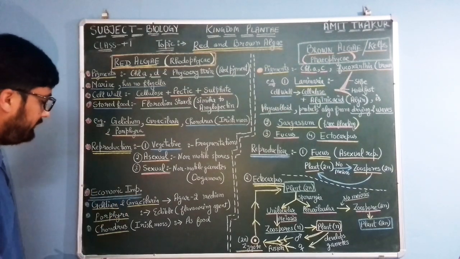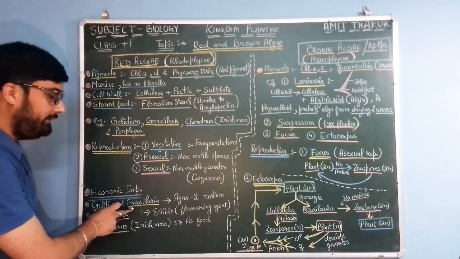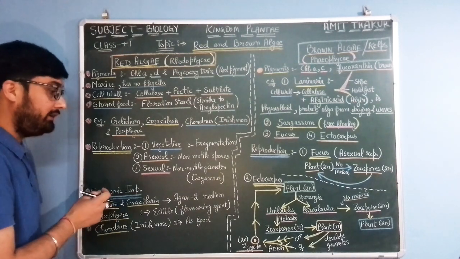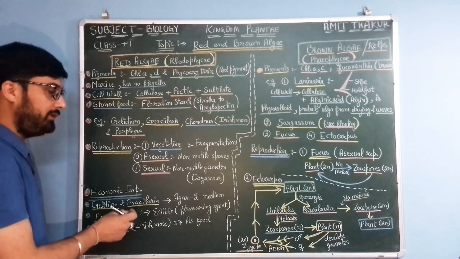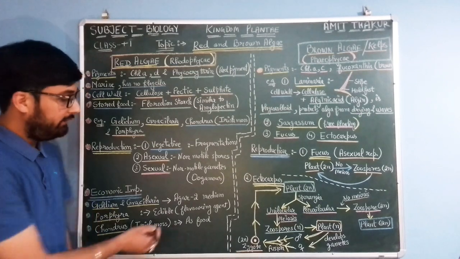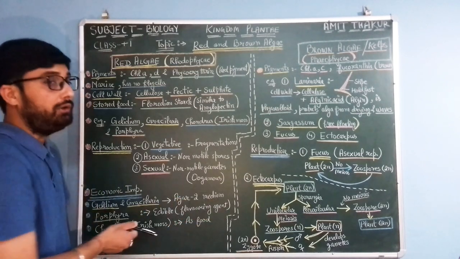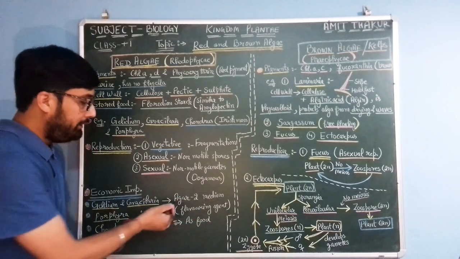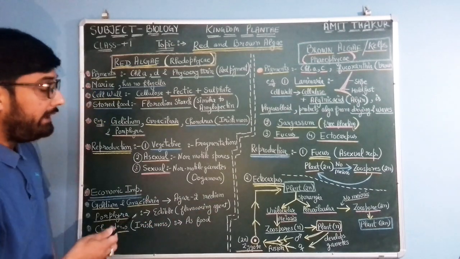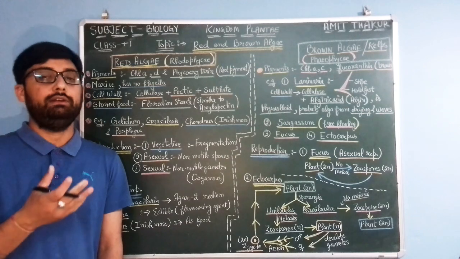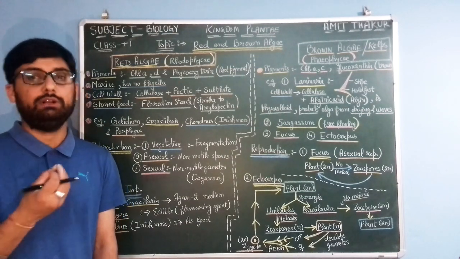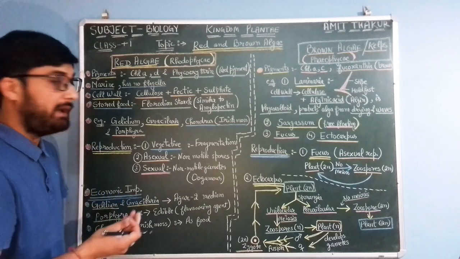Economic importance: Gelidium and Gracilaria have very prominent importance in the formation of agar-agar medium. This agar-agar medium is a very nutritive medium, and it is widely used in research work, especially in tissue culture, or micropropagation.